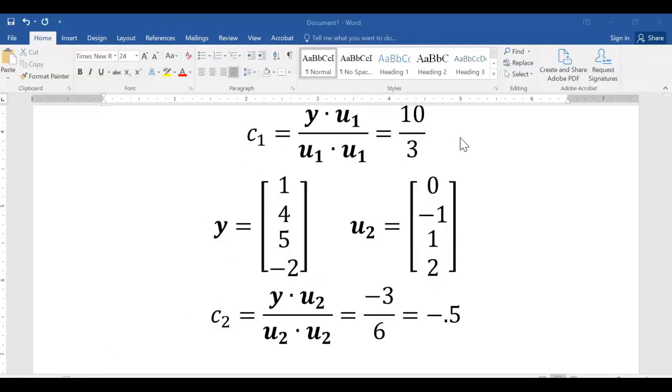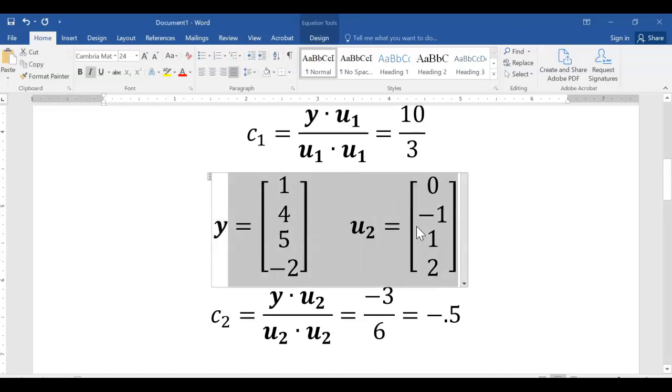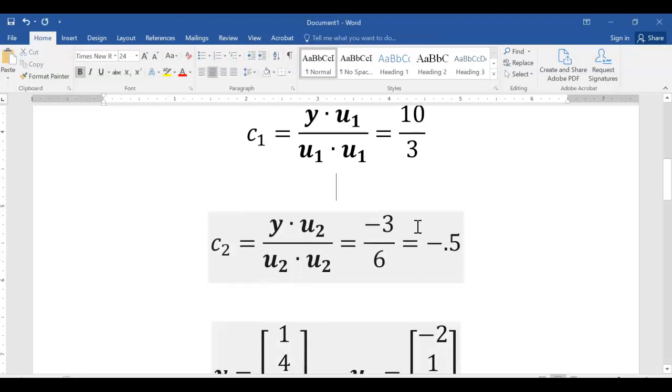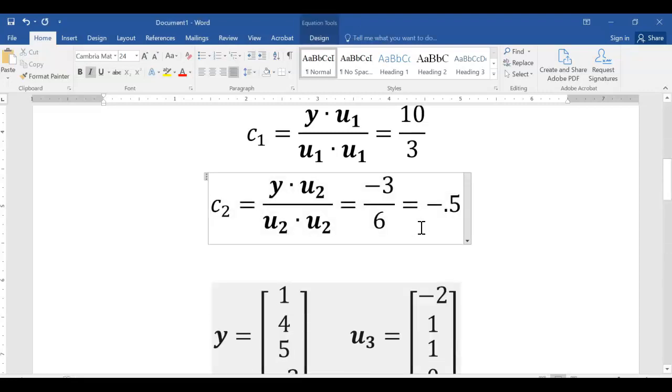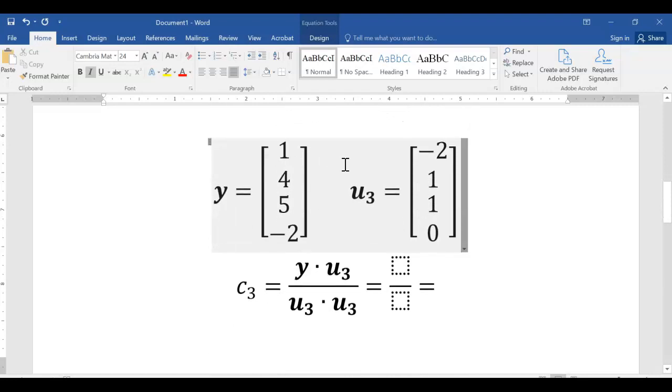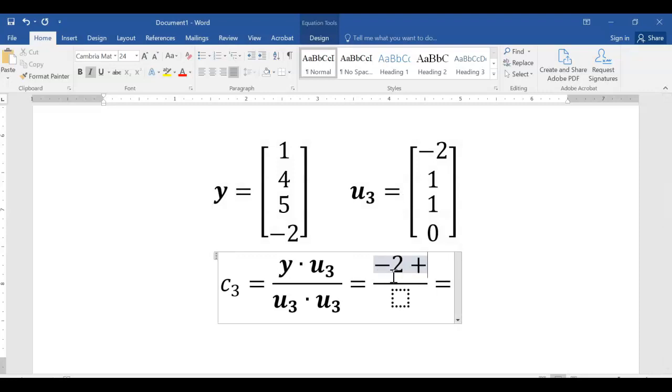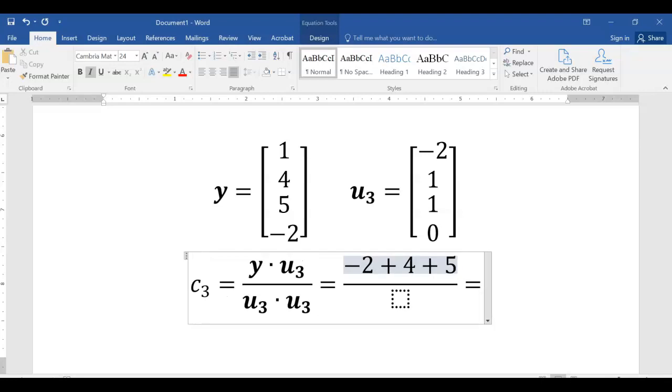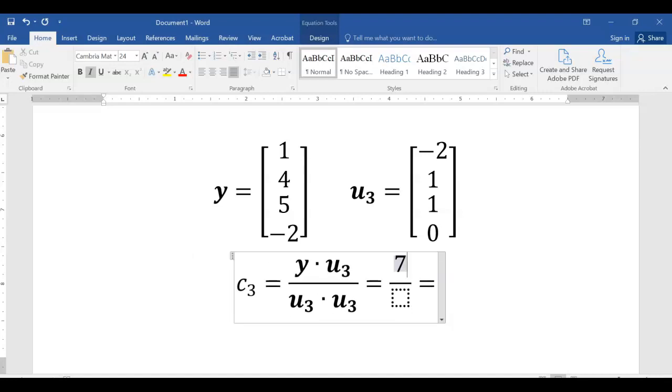So the coefficient on my u1 is not going to change, and this shows that the coefficient on my u2 is not going to change. All I need to do is calculate the coefficient on u3, and I do that in the same way: the inner product of y with u3 divided by u3 inner product with itself. So that's -2 plus 4 plus 5 plus 0, which gives me a 7 on top, divided by u3 dot u3.